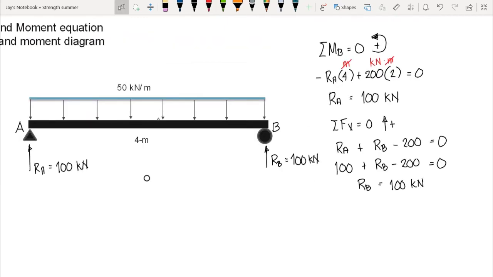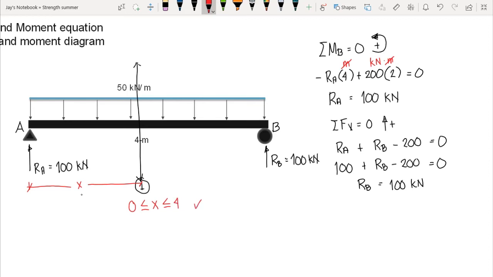Going back to our beam, since we only have one single uniformly distributed load all throughout the beam, we could cut this with one cross section. So let's say this is our cross section 1, and its distance varies from our reference point A. Let's say that's x distance from our point A. So we have our x here that is from 0 to 4.